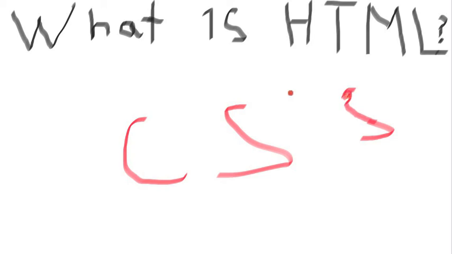So for CSS, you use it for color, all that stuff. You can even use it for color like that. Yeah, for many more stuff. And I will now erase that.